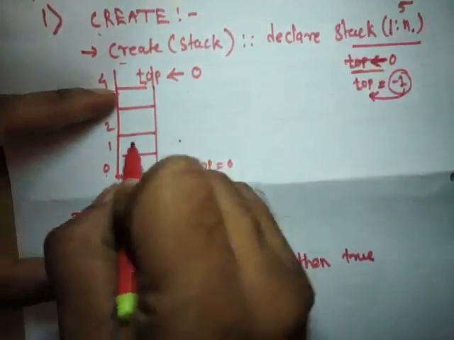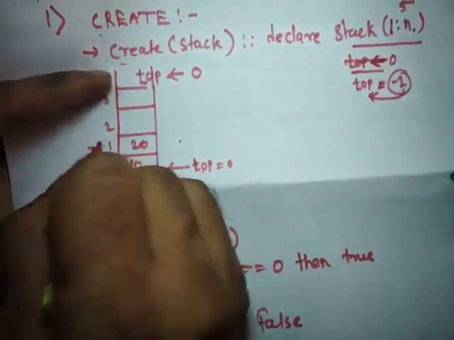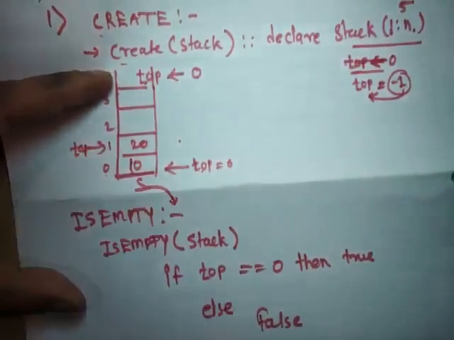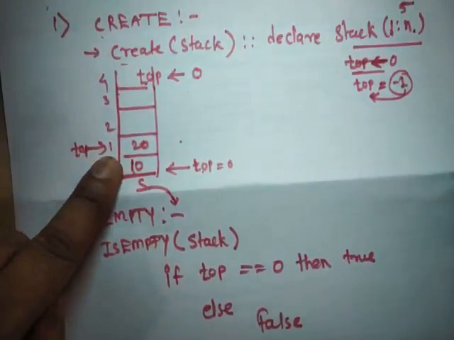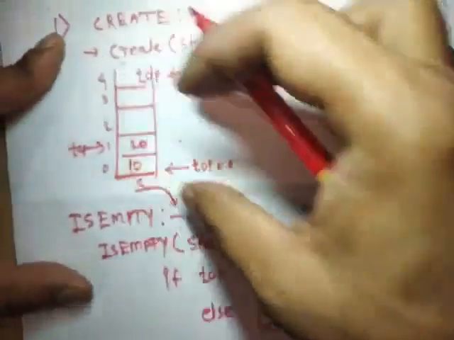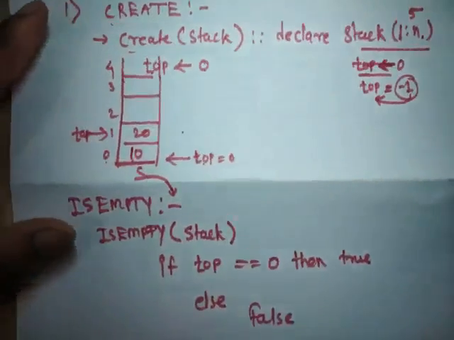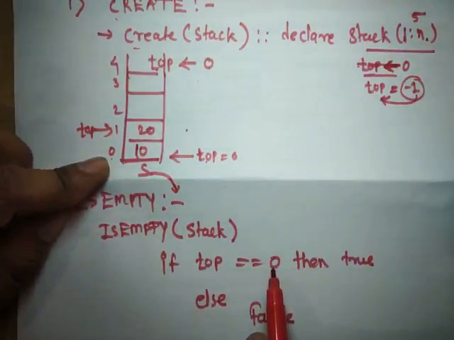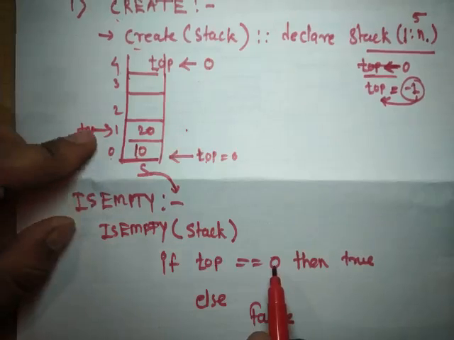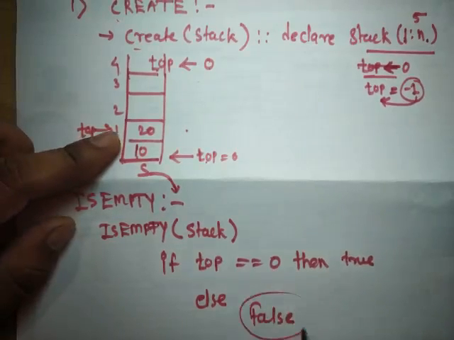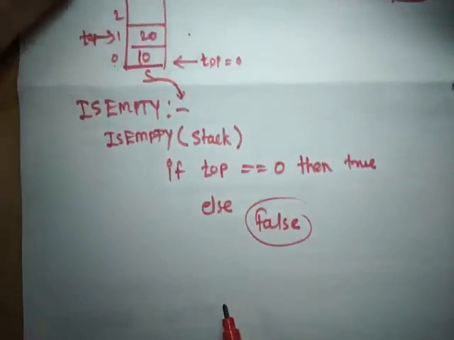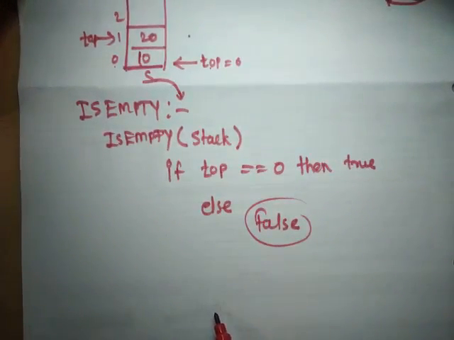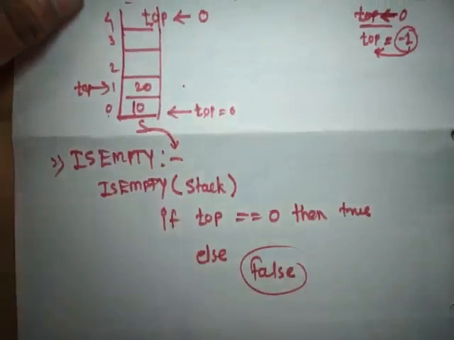Suppose I put some elements here, so top is now pointing to index location 1. Now if I pass this stack to the isEmpty function, is top equal to 0? No, false. Top is pointing to index 1, so it will print false. It will say the stack is not empty.